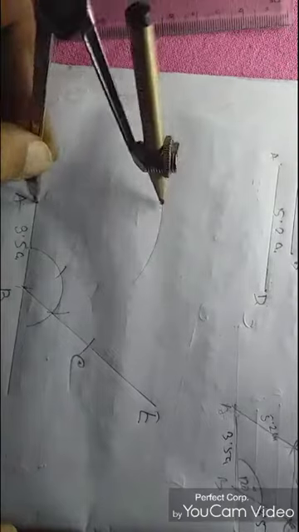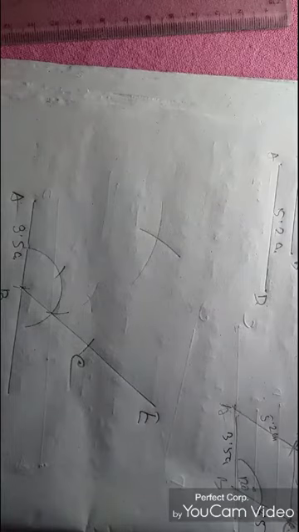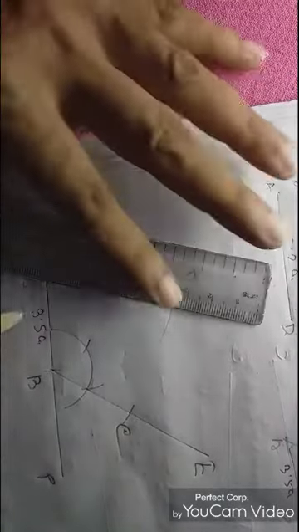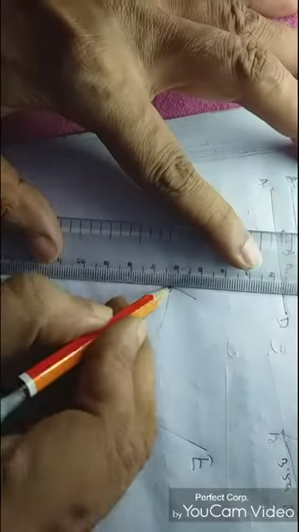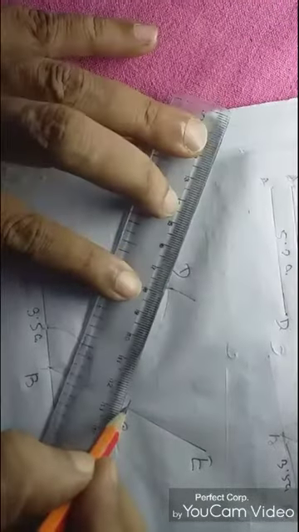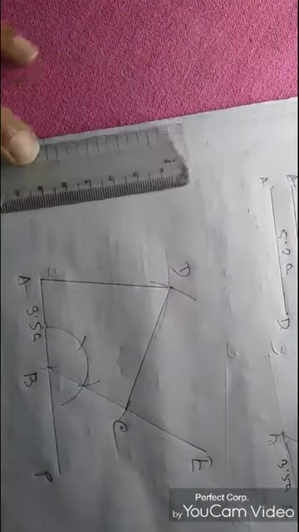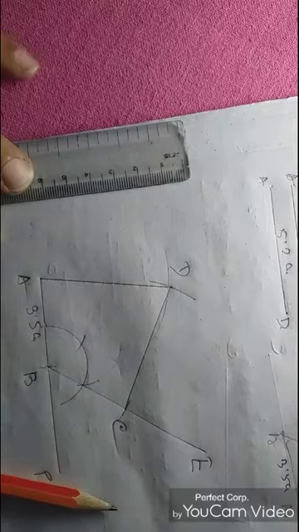This is one arc, and this is CD also 5.2, another arc, and these two arcs intersect at point D. Now join AD and DC. So this is your required quadrilateral ABCD. Thank you very much.